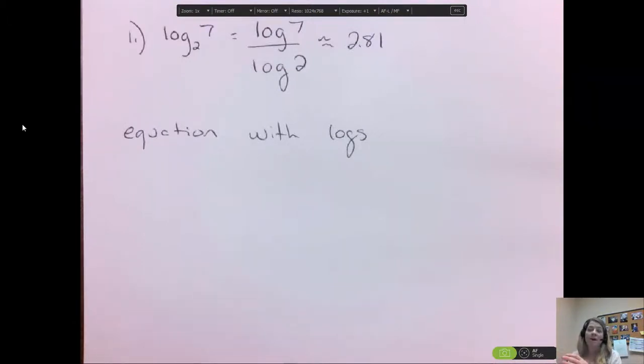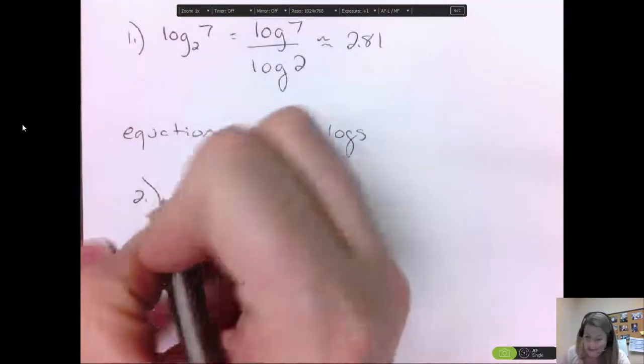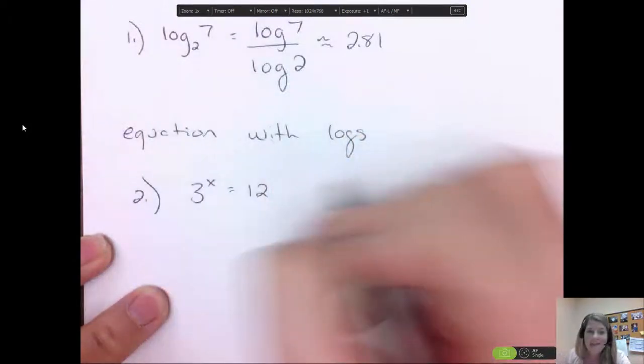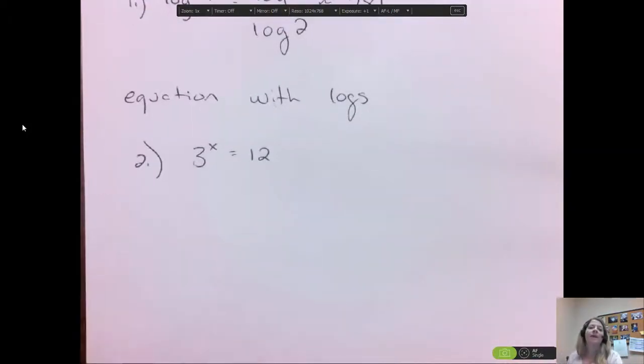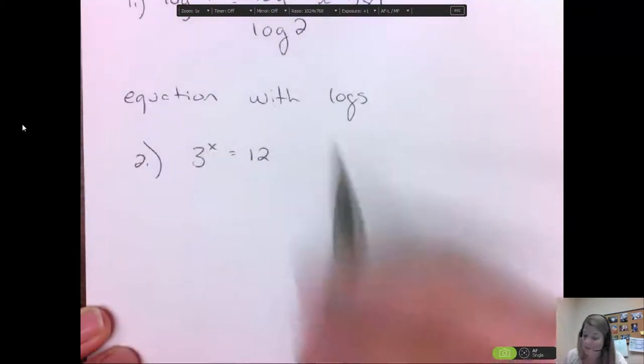You're also given equations already with logs, and then there's two different versions of those. Let's start with if your exponent is an x. So what if I have 3 to the x equals 12? This is actually where you will see the use of logs the most, to solve an equation with a variable in the exponent place.